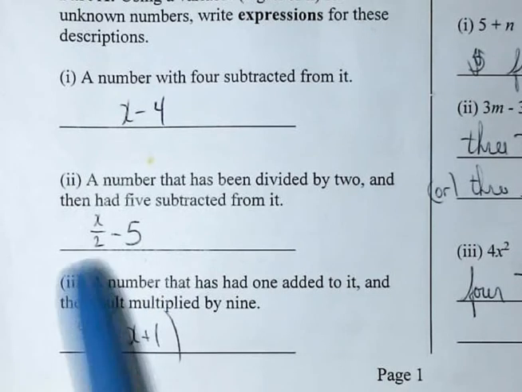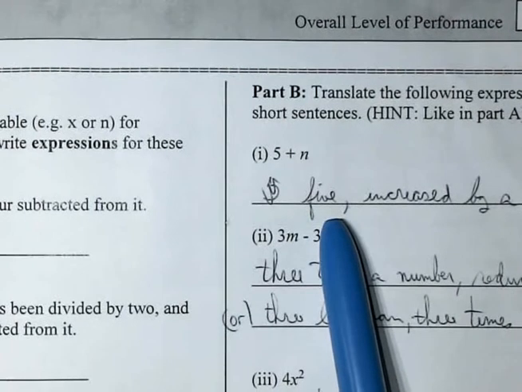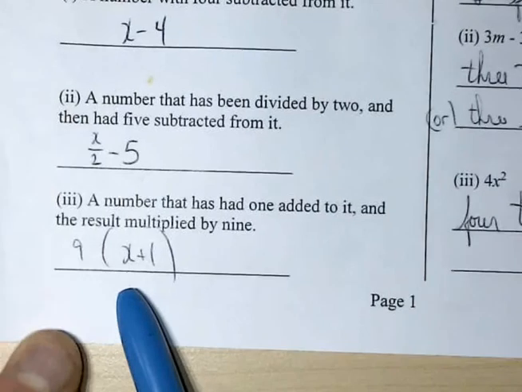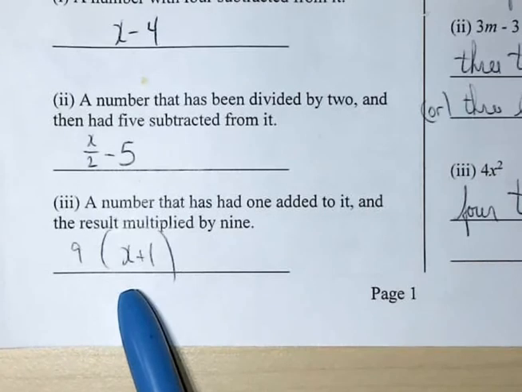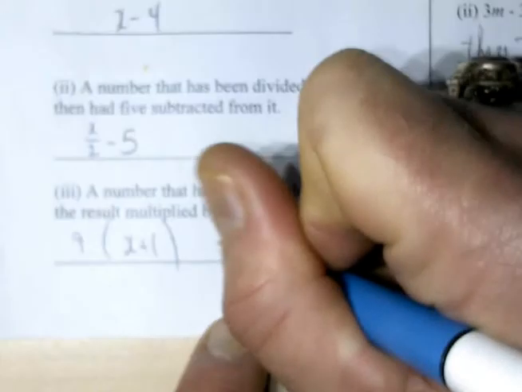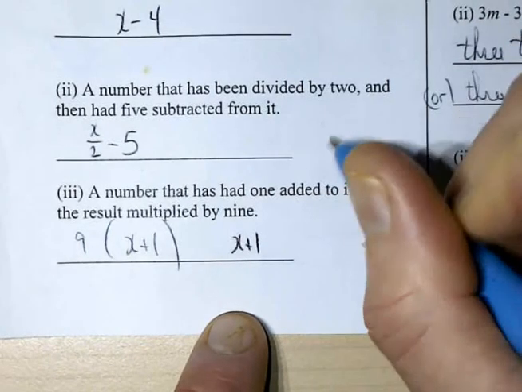For question 1, can you do 5 with some number added to it? Absolutely. For question 3, on the other side, I did exactly that, but along the way I did x plus 1, then something equals a number, so times 9.